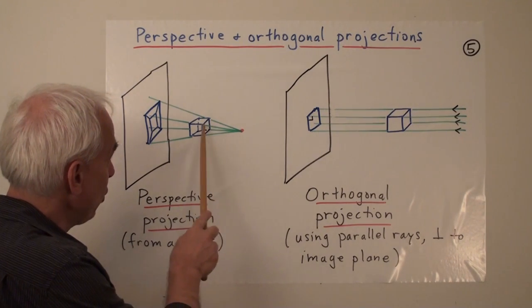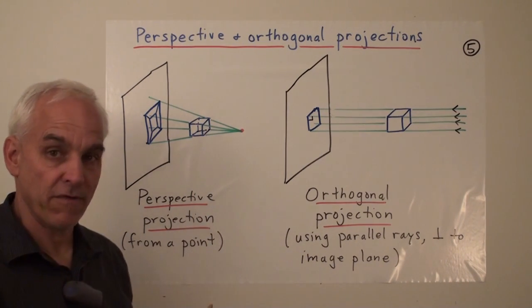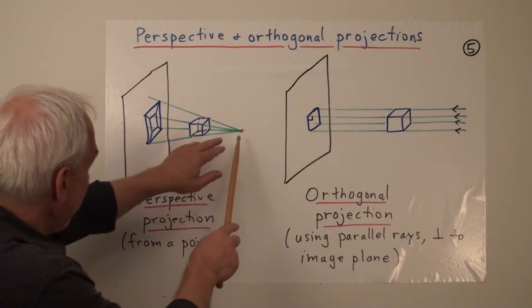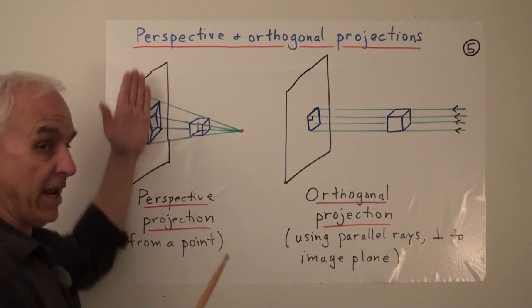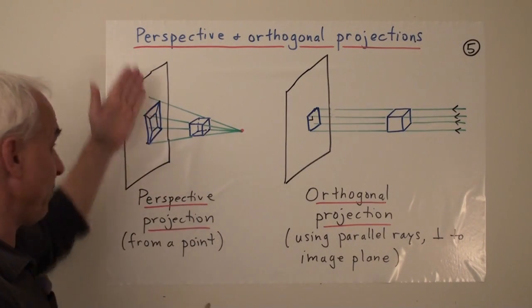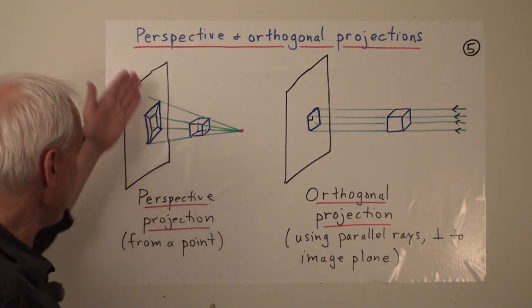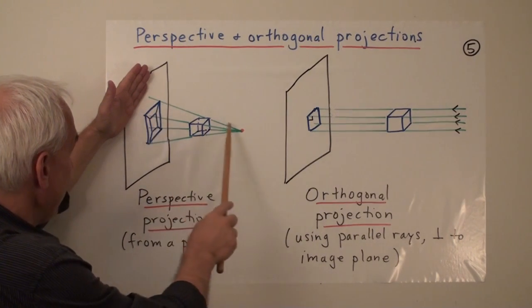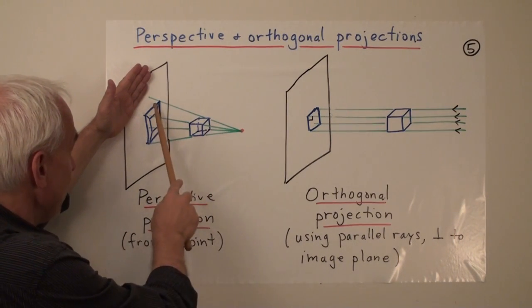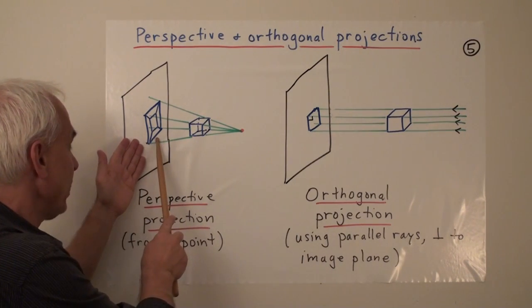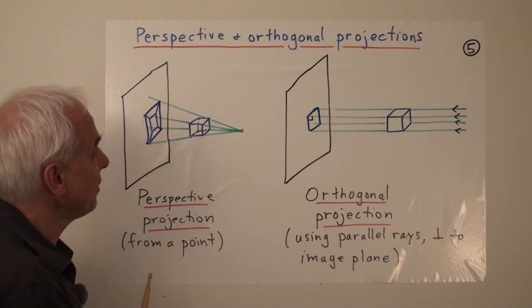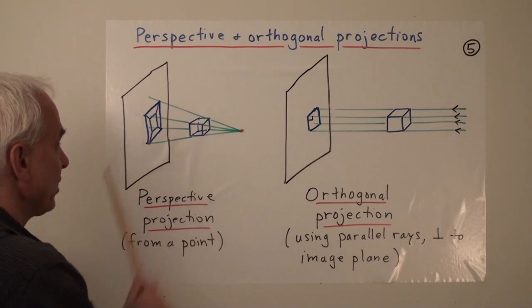And if you look at some object, like that wireframe cube, then the lines emanating from your eye will meet the plane, which you can think of as a photographic plate, for example, or maybe a board, in various points, and the various points then form the image of the 3-dimensional figure. So this image is called a perspective projection of the object.